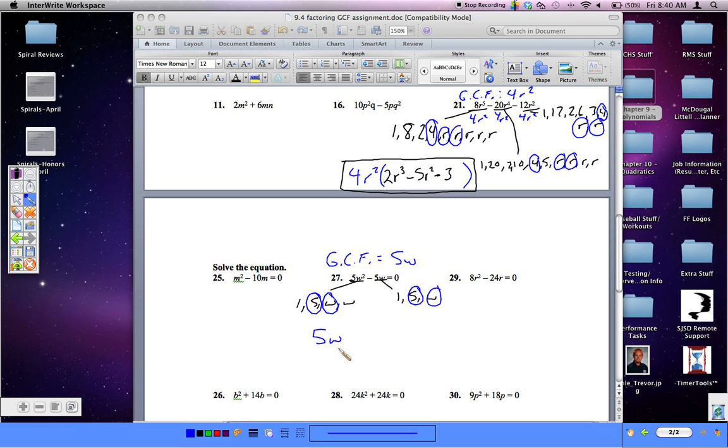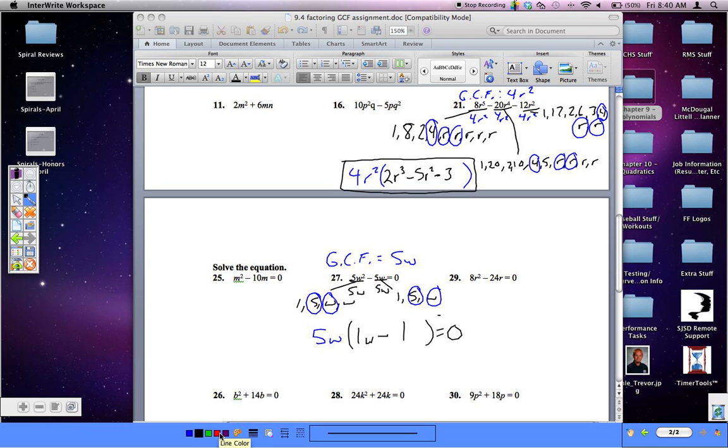When that comes out front, I have to go with what's remaining inside. If I divide that by 5w, divide that by 5w, 5 divided by 5 is 1. W squared divided by w will just leave a w. And then the minus signs between, 5 divided by 5 is 1, and w divided by w would just leave the number 1. That's as good as your answer can get.